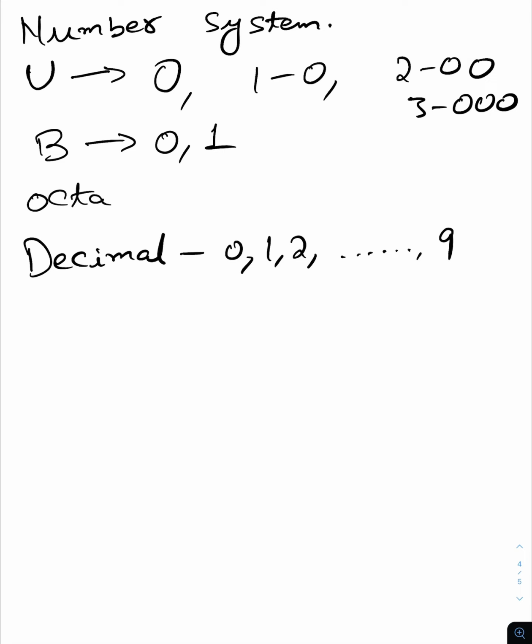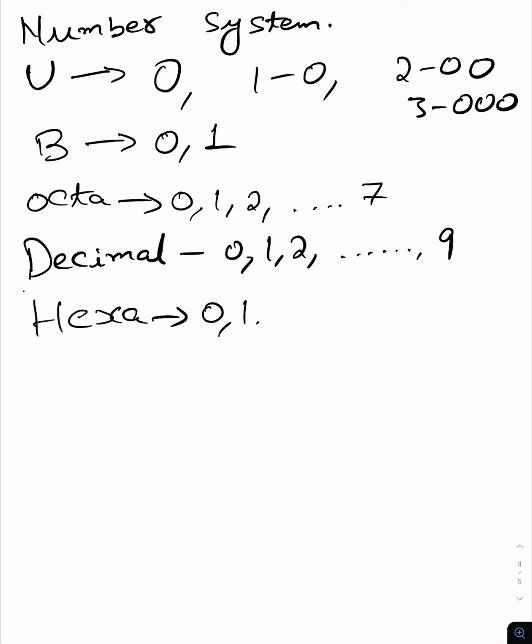Octal has 8 numbers, 0 till 7. In regular life we use decimal, which is 0, 1, 2 till 9. And hexadecimal is 16 symbols, 0 till 9, and then comes A, which is 10, B, C, D, E, F. So these are the numbering systems.